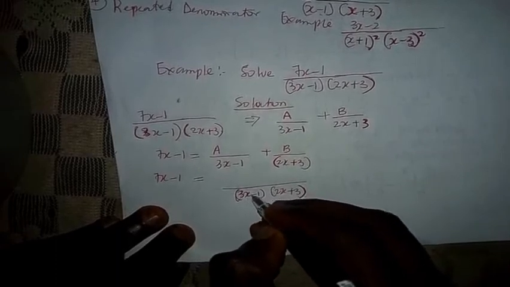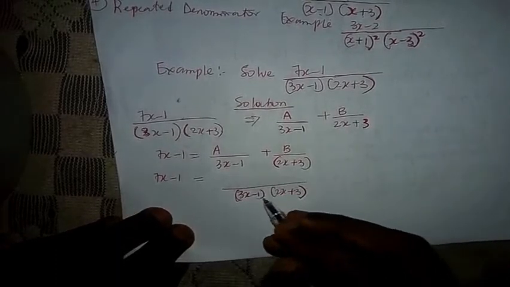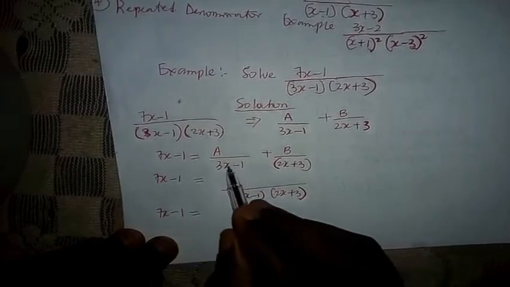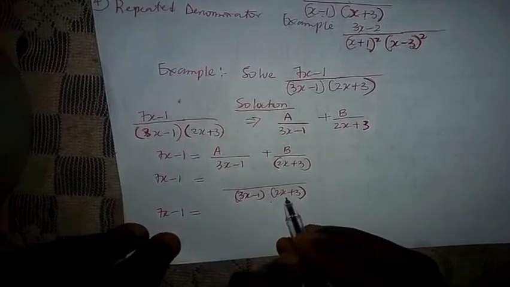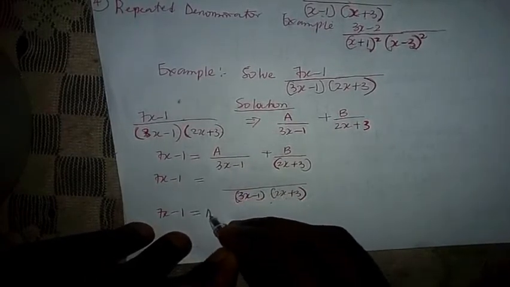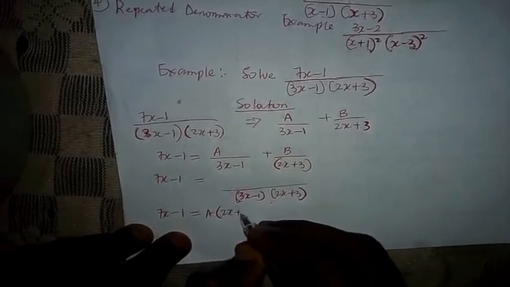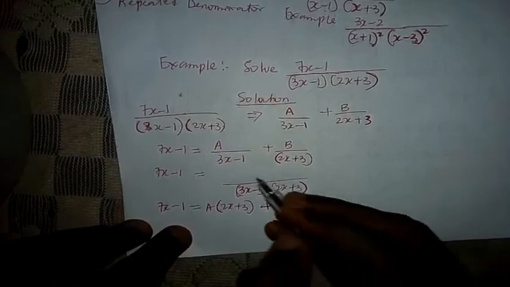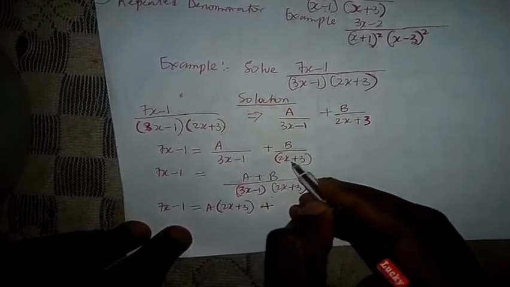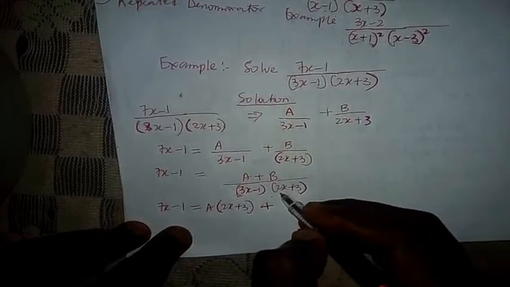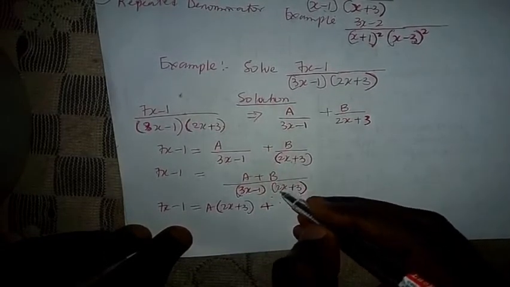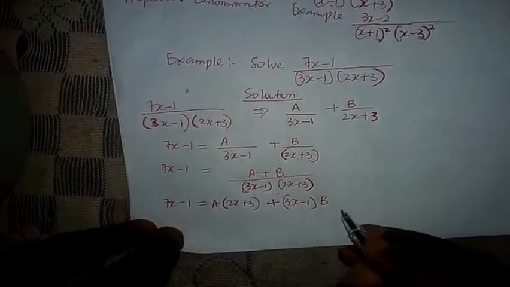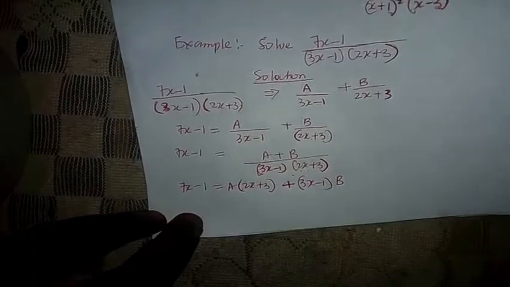So if you say 7x minus 1 is equal to a times 2x plus 3 plus b times 3x minus 1, the LCM is this, and this is b. So that is the equation we have right now.